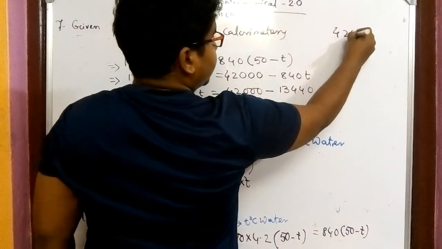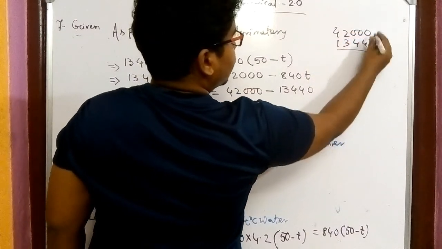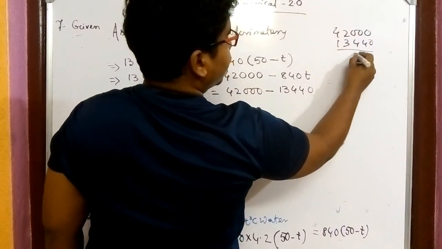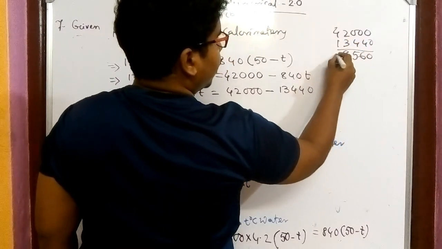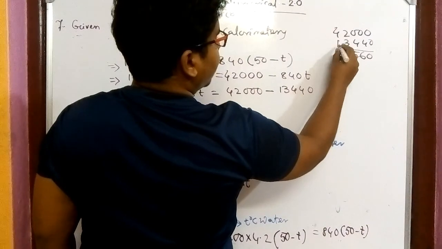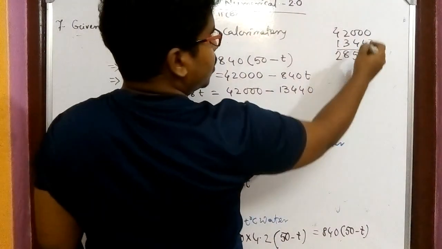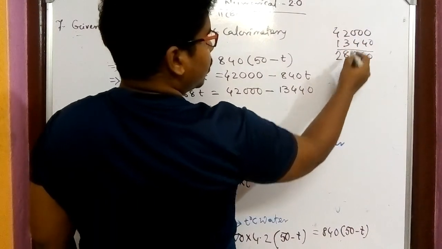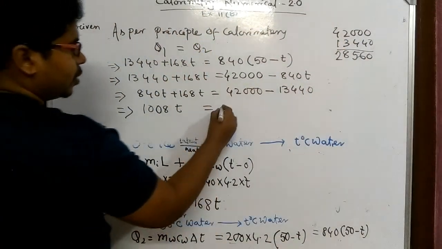Better we have to do it here. 42000 minus 13440. Here it is 6, here it is 5, here it is 8, and then 2. Let's see. 0. Okay, 28560.